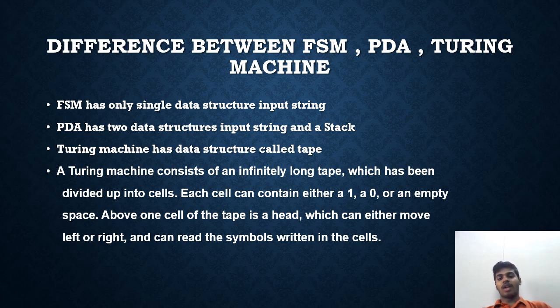A Turing machine consists of an infinitely long tape which has been divided up into cells. Each cell contains an alphabet symbol, which based on your language can be A or 0 or anything, or even an empty space, which is a blank. It is represented by capital B. Note these points. Above one cell of the tape is a head which can either move left or right and can read the symbols written in the cells.